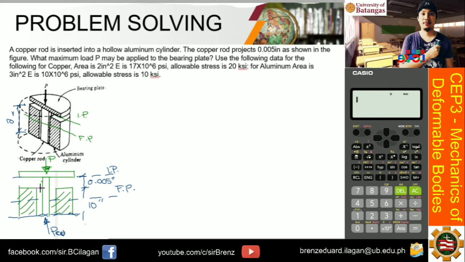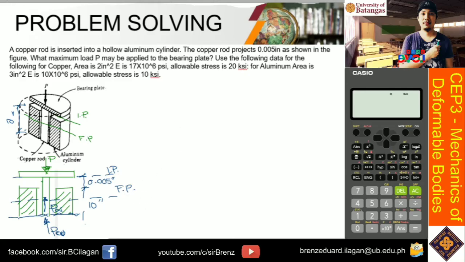Okay? And then, for the aluminum, since symmetric and concentric naman, nasa gitna, meron ka rin dito na upward force. Sa gitna lang din siya. So, this will be our P of aluminum.